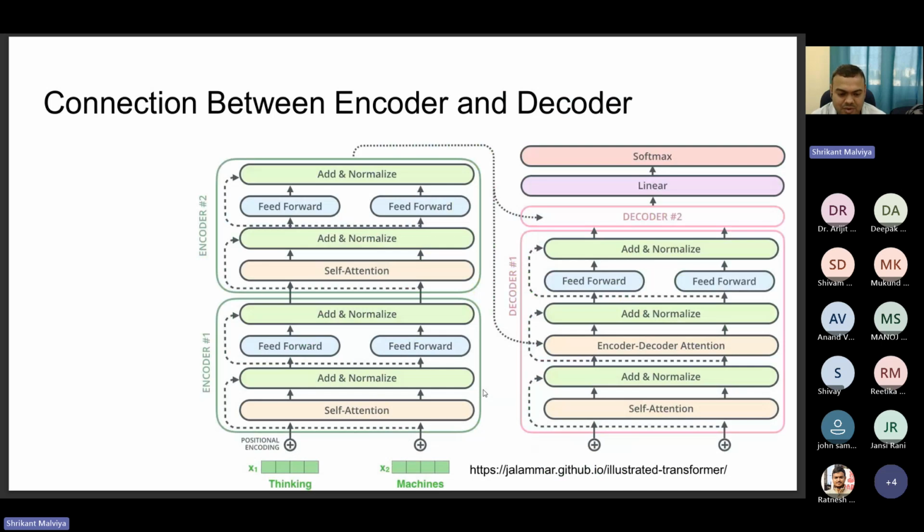The same thing we already saw for the input: it applies self-attention, then residual addition, normalization, feed forward, and then again residual addition and normalization. Based on the number of encoding nodes, the encoding process will happen that many times, and this output will be utilized in the decoder process, where again there are n decoding nodes.